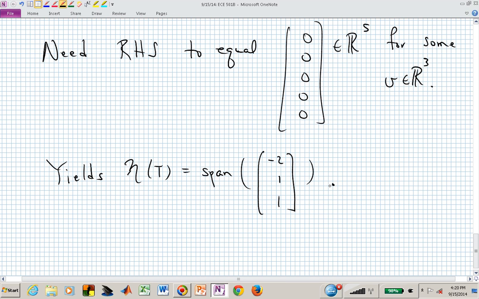And any linear combination of (-2, 1, 1), and we now know what a linear combination of that is, or a scaled version of that, we scale that by some real number, and that's going to be in the null space of that linear map T. Those points x, y, z.